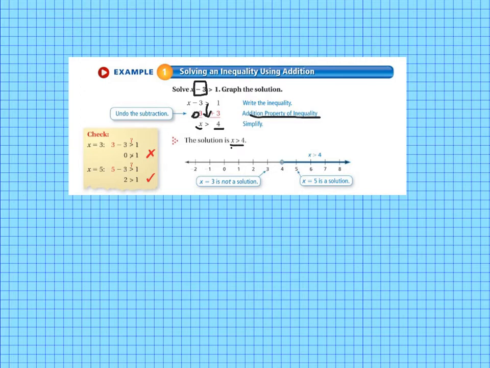When we graph that, we use an open circle because we had a greater than sign, not a greater than or equal to sign. And our variable is on the left, so we can look at the sign. It is pointing to the right, just like the arrow. And so we point our arrow to the right.